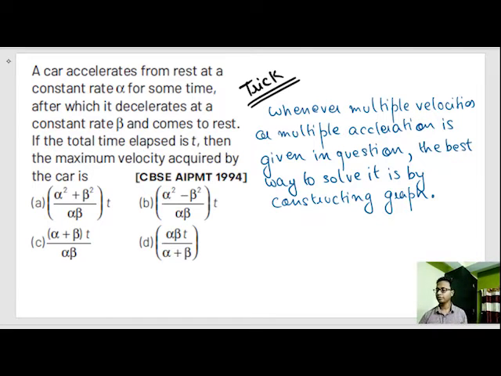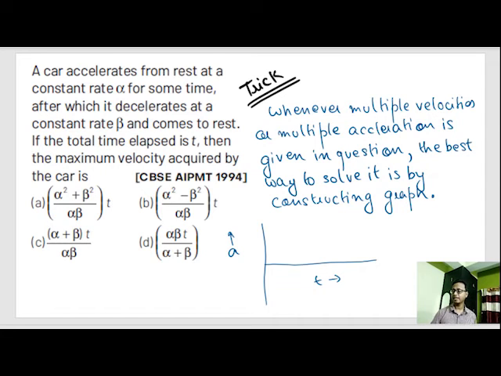So let's try to draw the acceleration-time graph from this question. The y-axis represents acceleration and the x-axis represents time. So let's read the question.